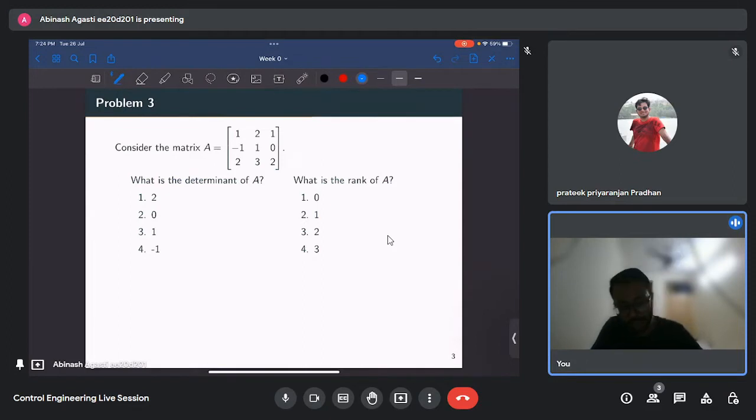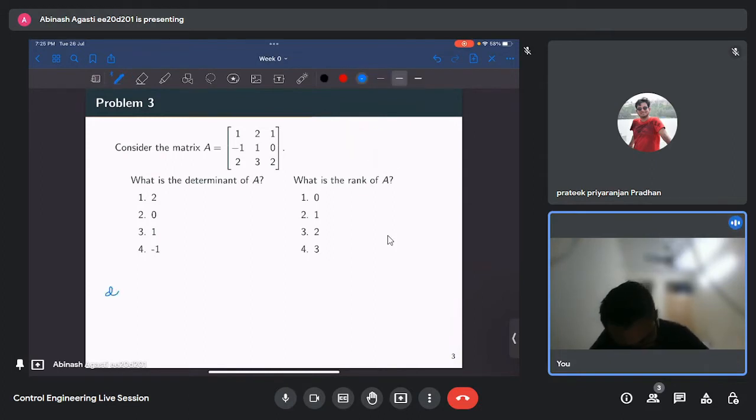Now consider a matrix as shown. It is a 3 cross 3 matrix. We want to find the determinant and its rank. Now we know the determinant of any n cross n matrix can be found out by, let's just take an example and solve for this case.